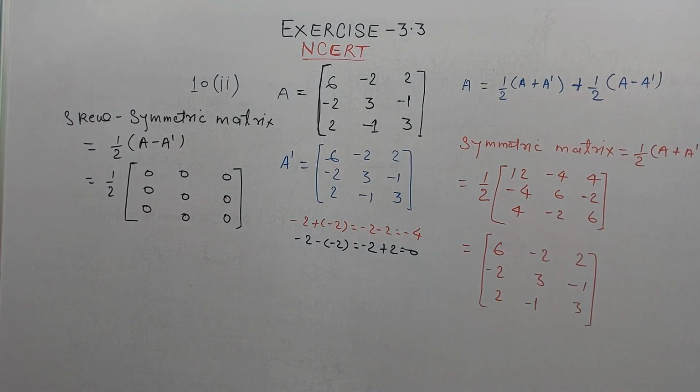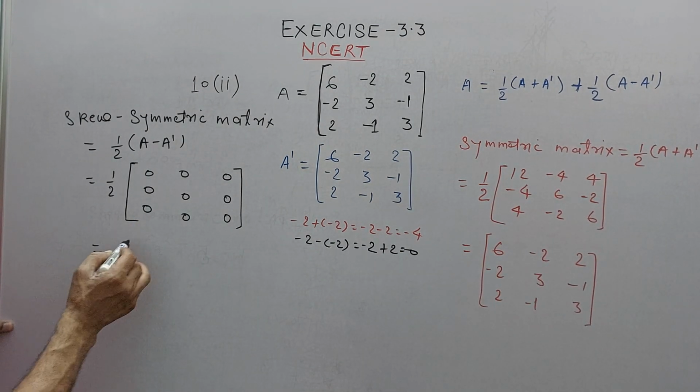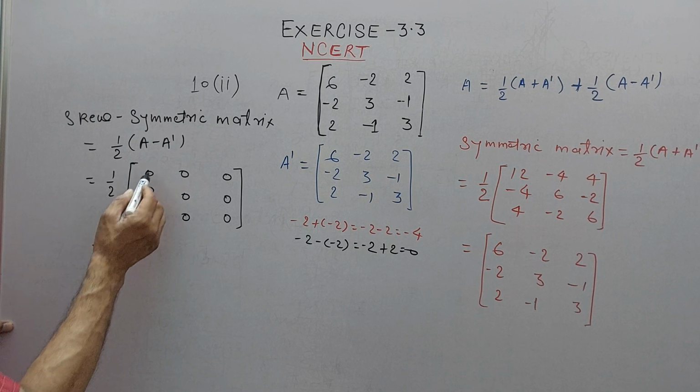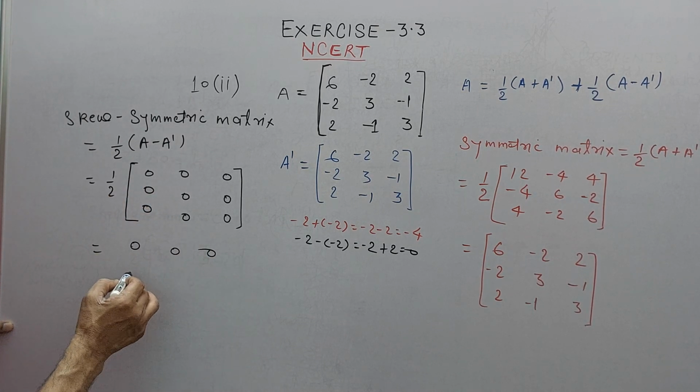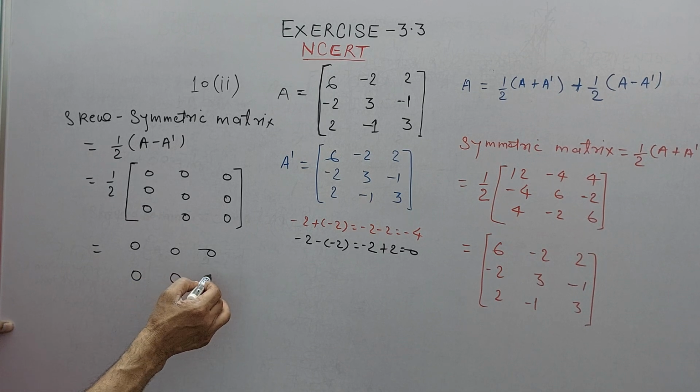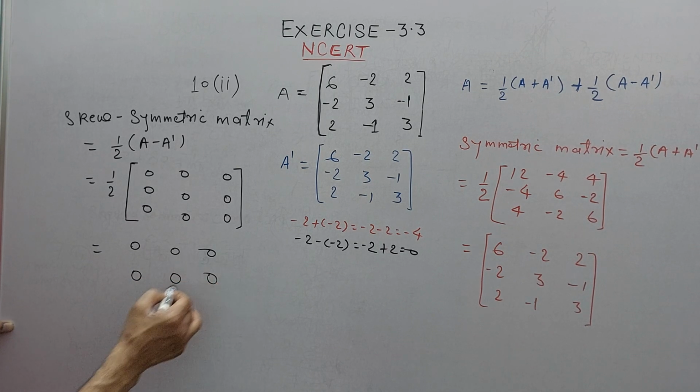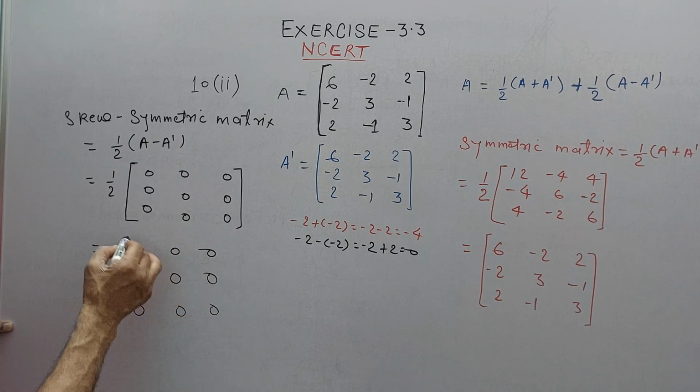It means that each entry comes out 0. If you divide by 2, 0 by 2 will be 0. Each entry comes out 0. This is the zero matrix. The skew symmetric matrix comes out 0 here.